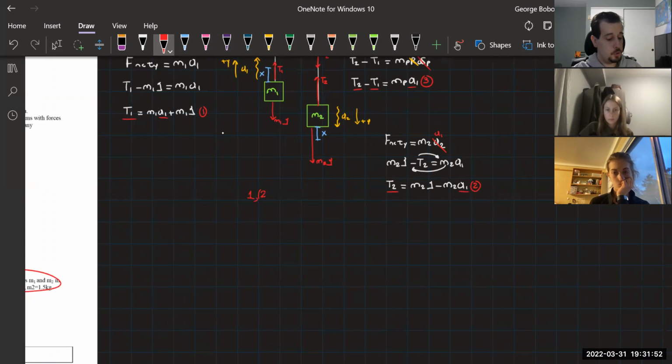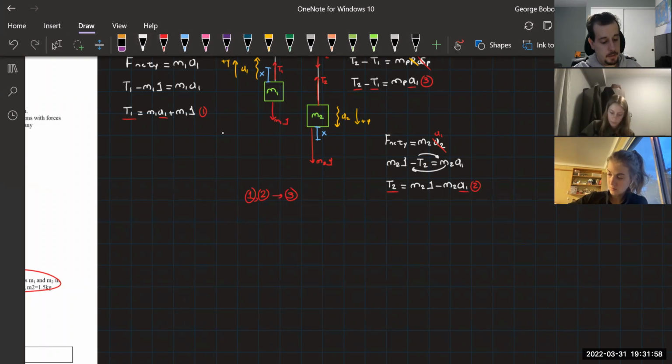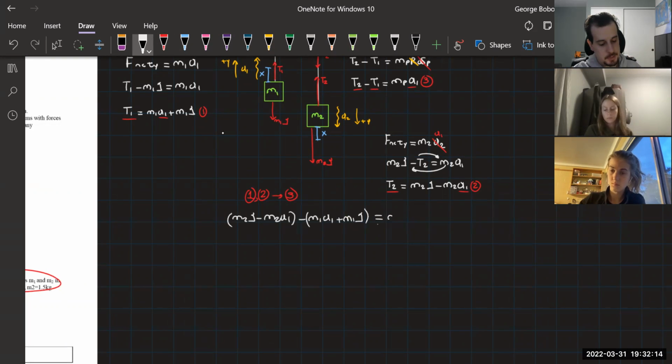So 1 comma 2 goes into 3. We get here T2, which is M2G minus M2A1, we're subtracting T1, which is M1A1 plus M1G, and we'll put that in brackets. And this is all supposed to equal MP A1.